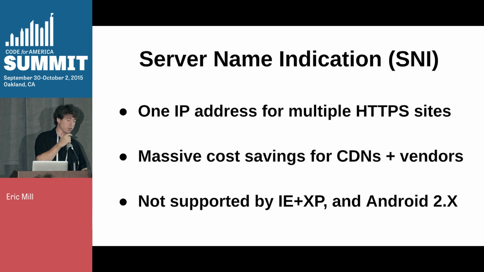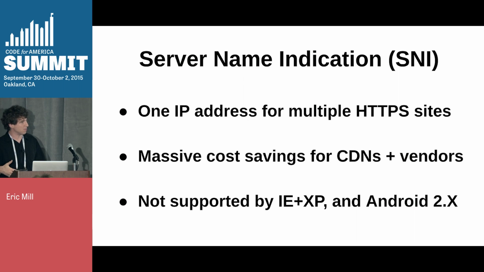Which sounds kind of obvious, but it really is the case that before server name indication, and just so you know, almost nobody requires server name indication, in practice today for a lot of people, you literally can't have multiple HTTPS certificates on one IP address, which has huge ramifications for CDNs like Akamai and CloudFront and all these other people.